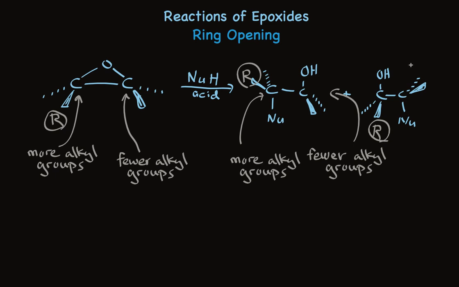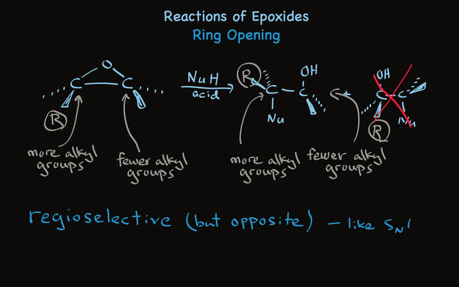Now it's this product that we don't see, and the product where the nucleophile has added to the carbon with more alkyl groups is preferentially formed. So we call this regioselective, but it's the opposite regioselectivity, and it's like the SN1 regioselectivity. So although the stereospecificity is like we see for SN2 reactions, the regioselectivity mirrors what we see for SN1 reactions.